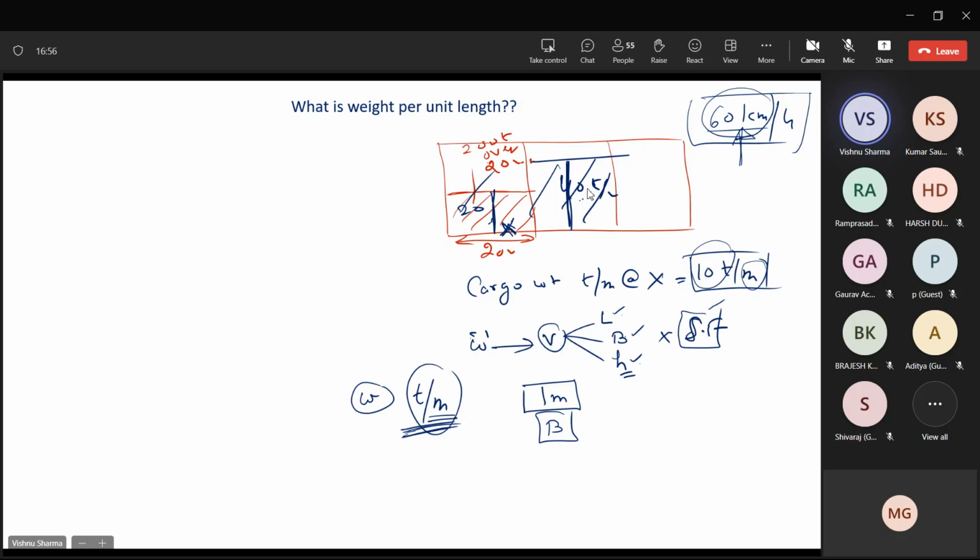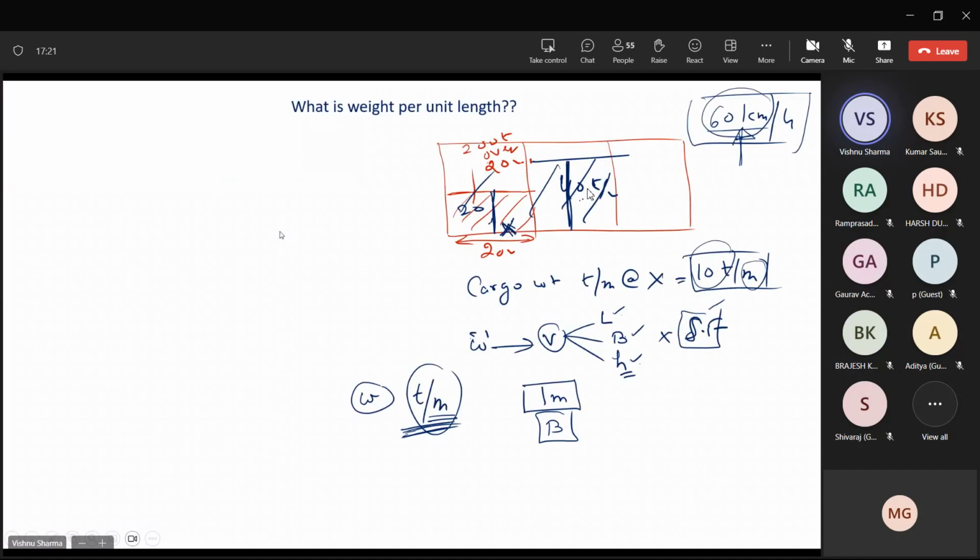Same cargo, same stowage factor, same vessel, same breadth. Okay, then length, if I take the same length for both, length is the same. Then what is it that is different between the two compartments? Do you agree that the parameter which is changing is the height of the cargo? Yes or no? Guys, tell me. Yes, sir. Only height changes.